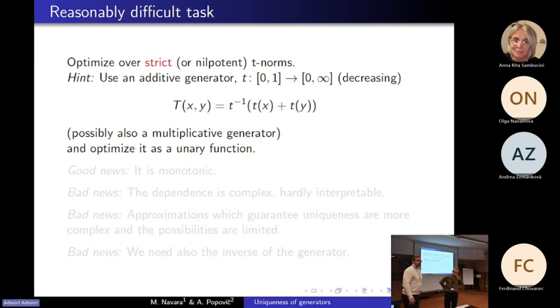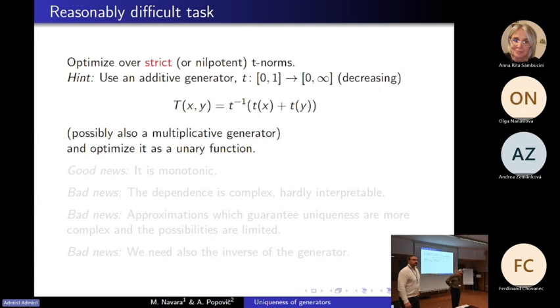And the other thing, why are we always on continuous Archimedean? We can go also, of course, to continuous T-norms. And in some sense, you have to determine the idempotent elements and continue in your approach.